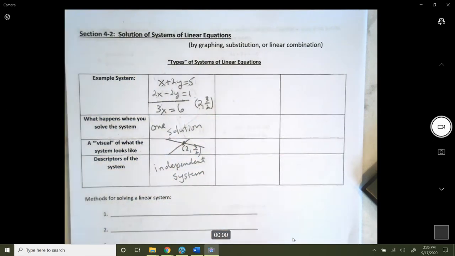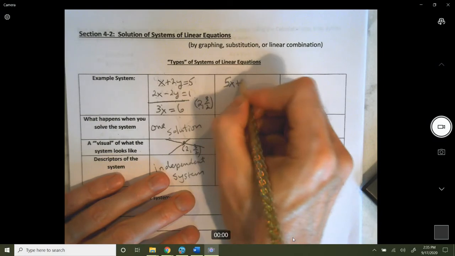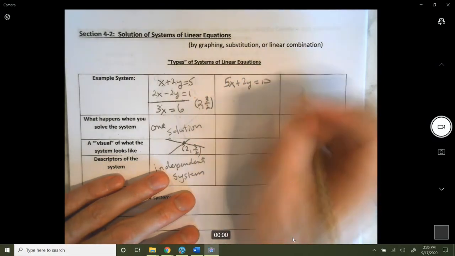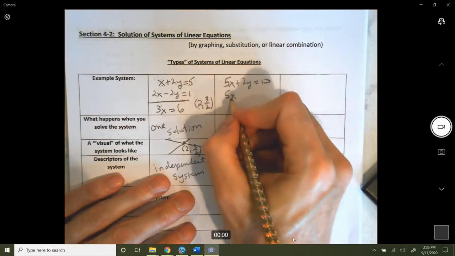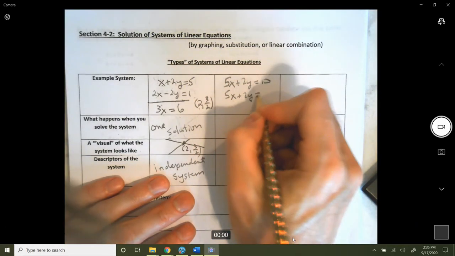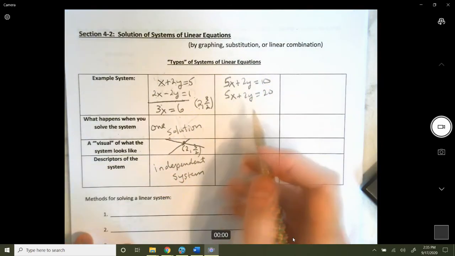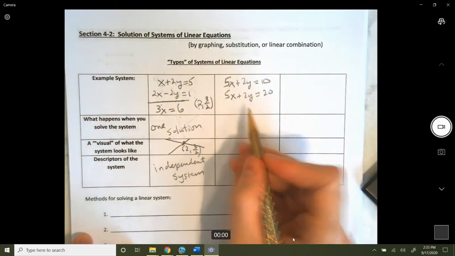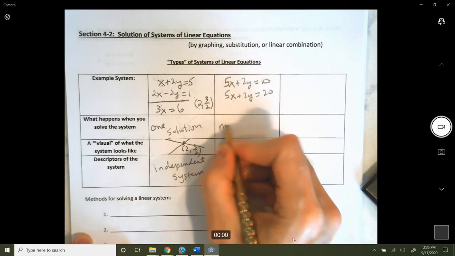Okay, the next type of system is a system where you might have something like 5x plus 2y is equal to 10. And then your second line is 5x plus 2y is equal to 20. Okay. Think of what happens here. If you were to solve this system, you end up with no solutions.